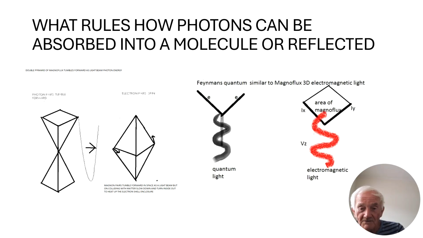On the left-hand side we see Feynman's idea of quantum light, which of course took a huge amount of energy to produce because it's got electron particles in it. But when we come to MAGNOFLUX, that is totally energy free, and we can get the electromagnetic light through with very, very little loss.